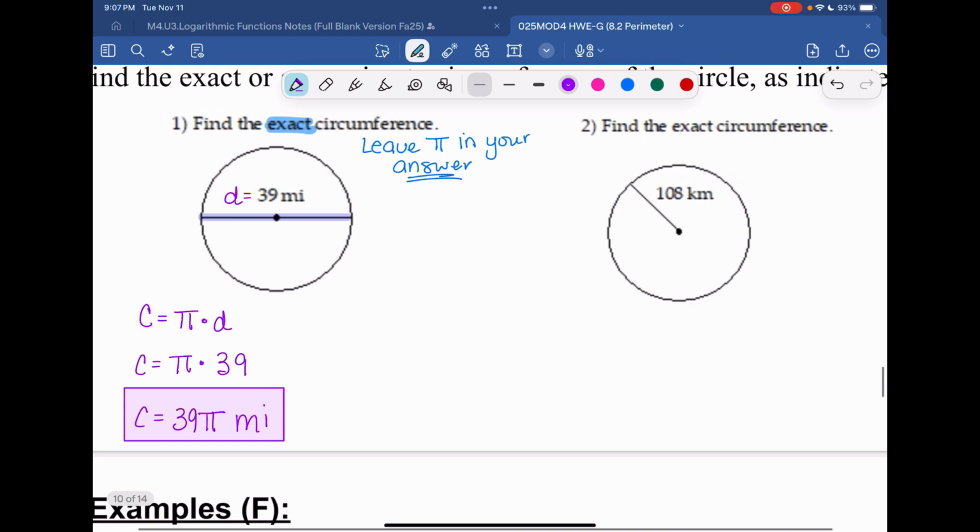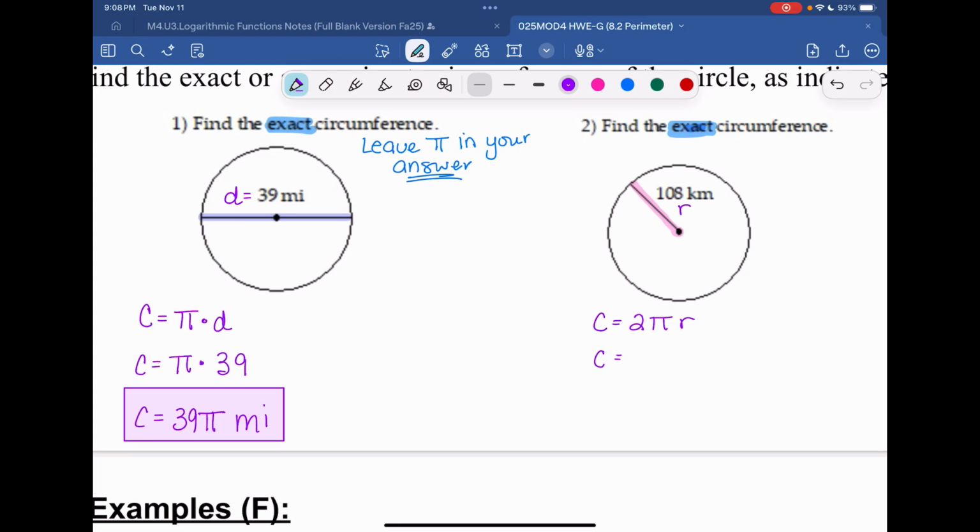So this one again, it says give an exact answer. So that means that we're going to keep pi in our answer. This is a radius because this one only goes halfway. It goes from the side to the center. So that means that I have a radius. So I'm going to use the circumference is equal to 2 times pi times r.